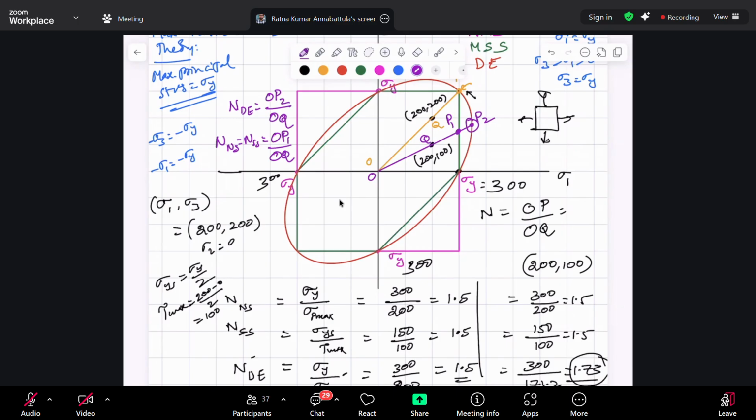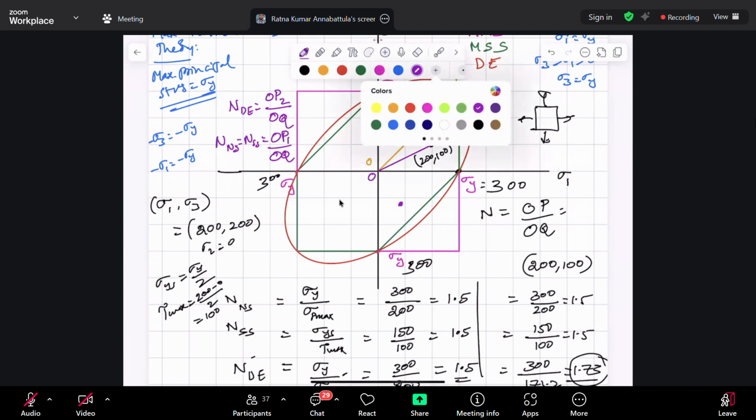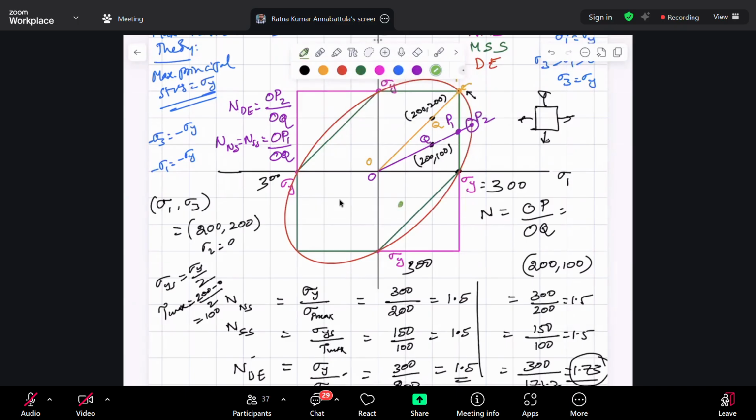Can you see that? Suppose I am looking at this particular fellow, let us say the stress state is here, then the way that I need to draw the line, this is my stress state, then I need to draw the line like that. Sorry, I have not completed the line properly. So, this is my Q. Now, if you carefully observe, this is my P1, P2, and P3.